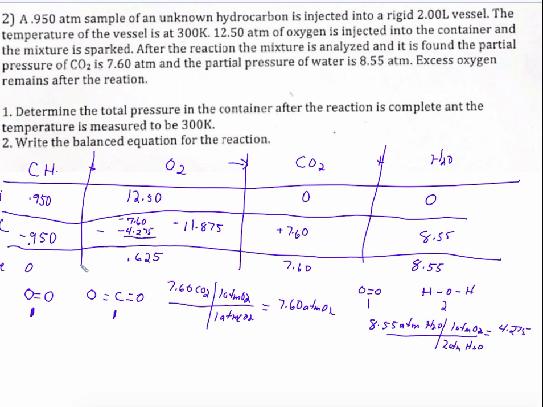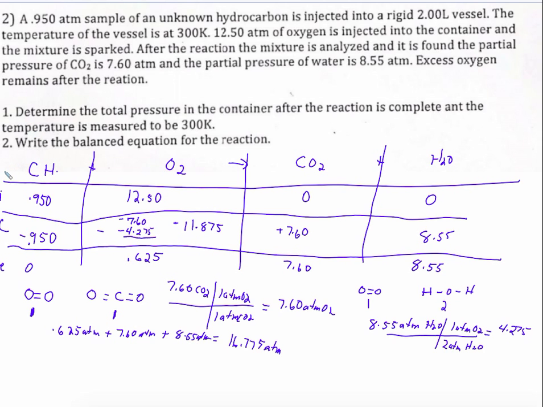Now, we can determine the total pressure in the container after the reaction is complete by just adding together the pressures of everything at the end. So you would take 0.625 atmospheres plus 7.60 atmospheres plus 8.55 atmospheres, and if you add that all together at the end, you get 16.775 atmospheres.